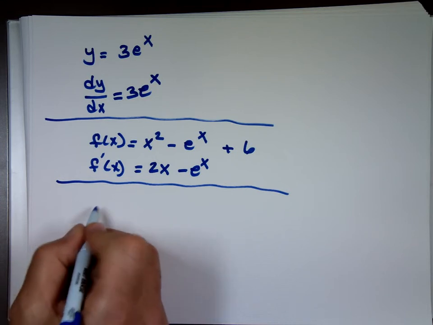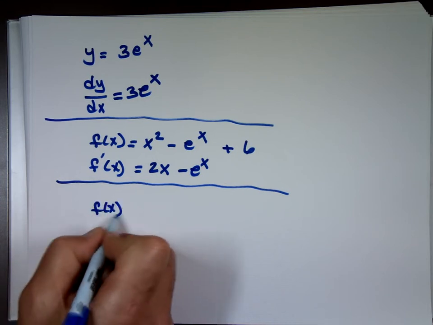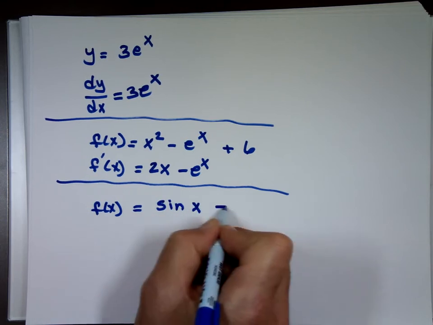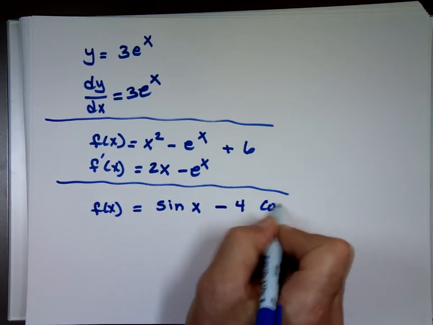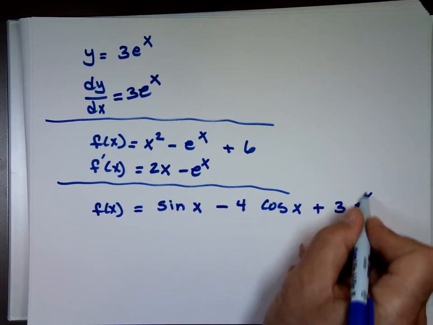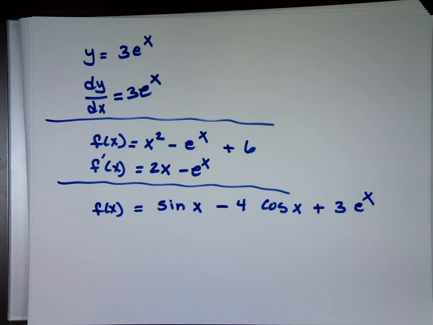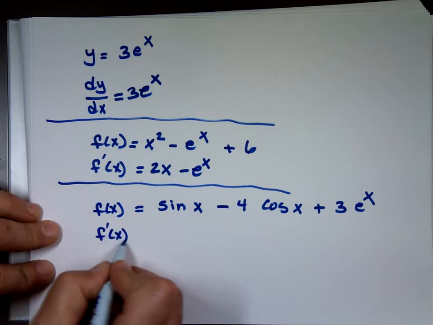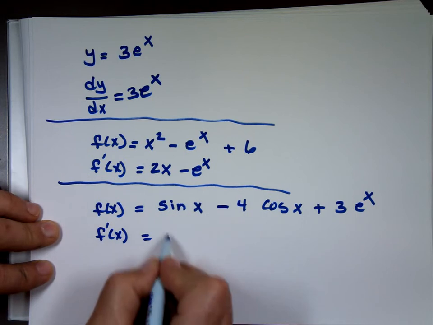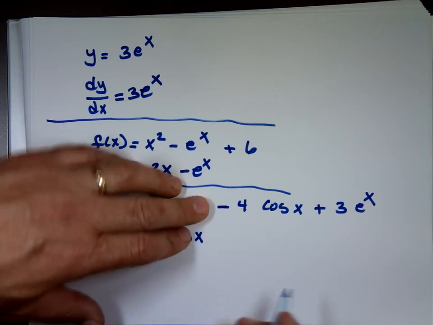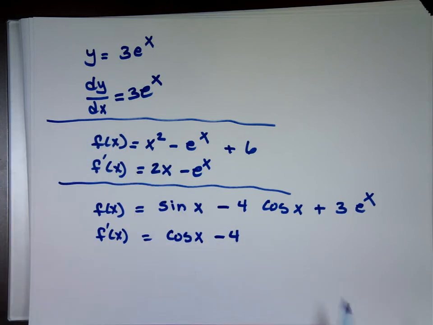F of x equals sine of x minus 4 times cosine x plus 3e to the x. The derivative of sine is what? Cosine of x. Now there's the minus 4. Let's go slowly with it. What's the derivative of cosine x?